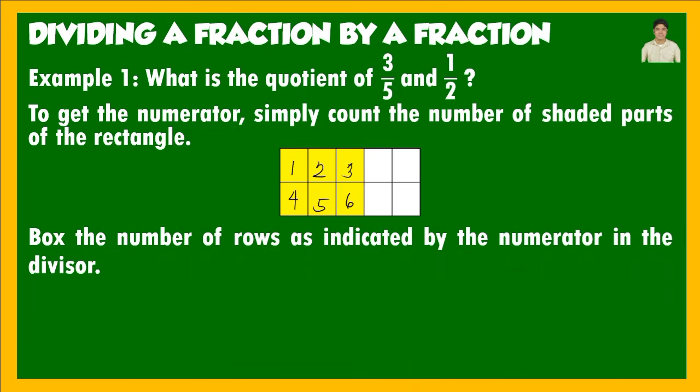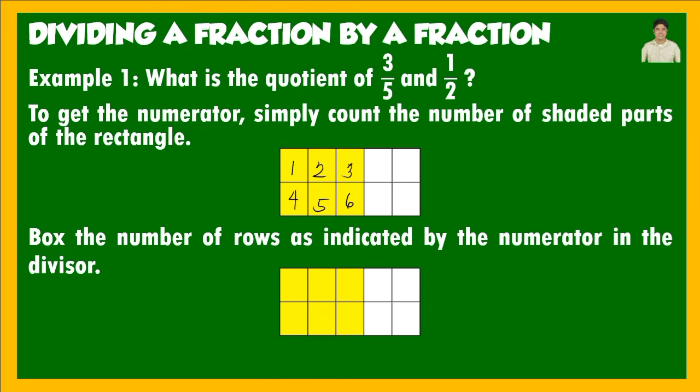Next, box the number of rows as indicated by the numerator in the divisor. So, i-box down natin yung number of rows as indicated by the numerator in the divisor. So, dito po, yung ating numerator is 1.